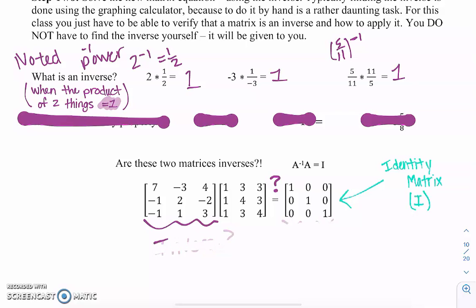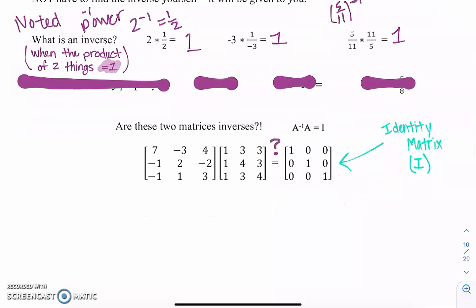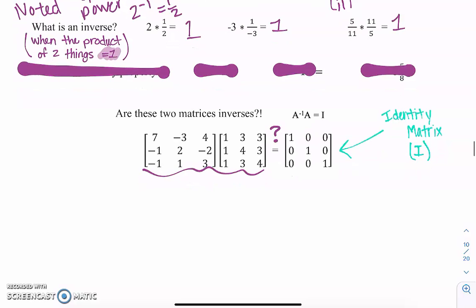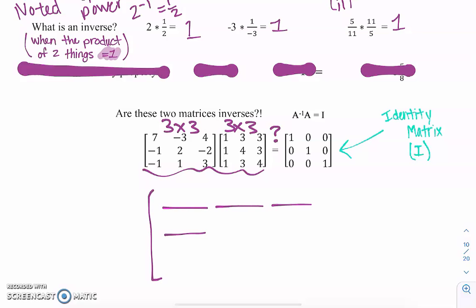So what we need to do is multiply these two matrices together. We've got a 3 by 3 and another 3 by 3, so your new matrix will be a 3 by 3. Remembering it's your rows times your columns.